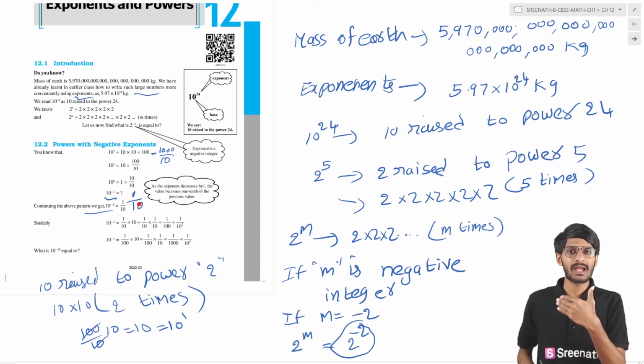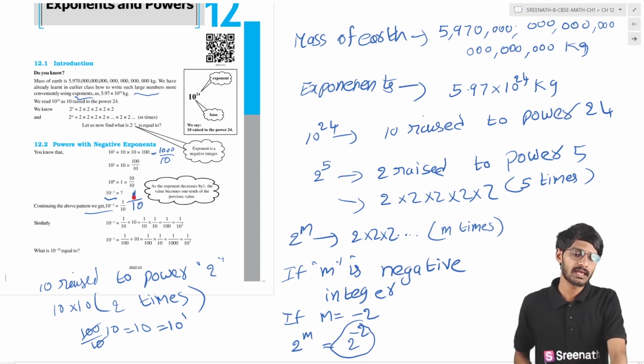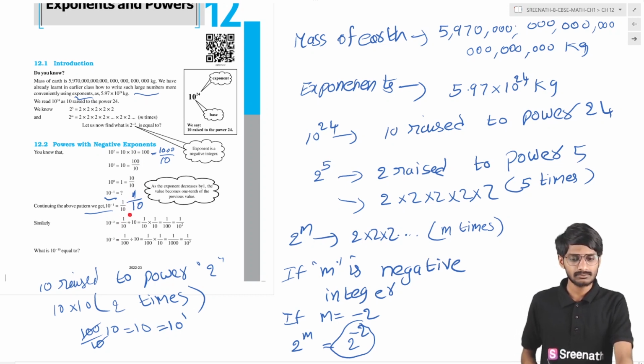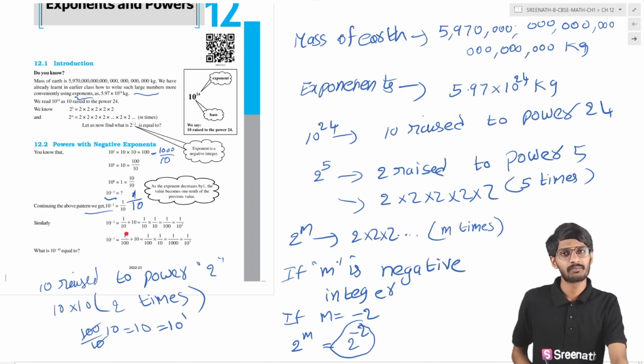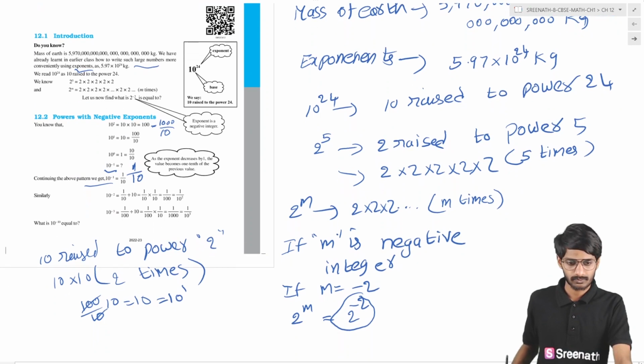So 10 power minus 1 is equal to 1 by 10, students. This is what the pattern is, right? Okay. Next, if the power is decreased by another one, what happens? So here, 10 power minus 2. Again what happens here? 1 by 10 divided by 10, students. So we have to write it like that.